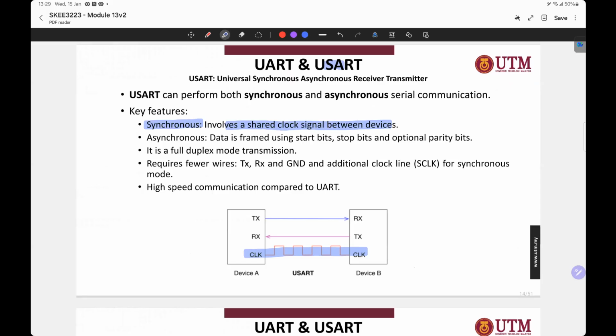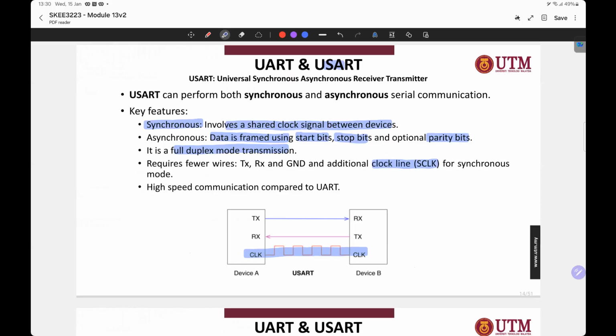And when it runs under asynchronous mode, the data is framed using a start bit, stop bit, and parity bit, similar to UART communication. Again, USART and UART are full duplex mode transmission, and the USART requires an additional wire called the clock wire for synchronous mode.